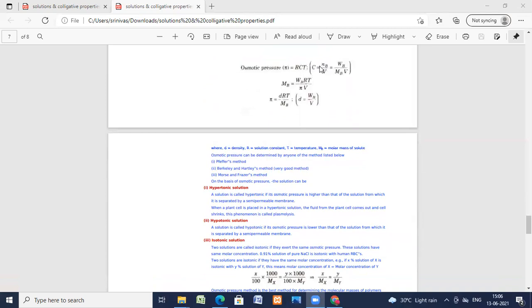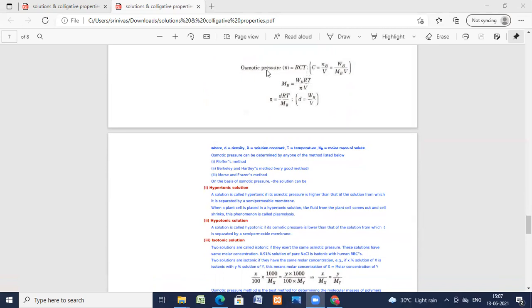C is nothing but the concentration. The number of moles of solute is weight divided by molecular weight, so C is WB by MB into V. Substituting, pi is equal to R into WB by MB into V into T. That is the formula.